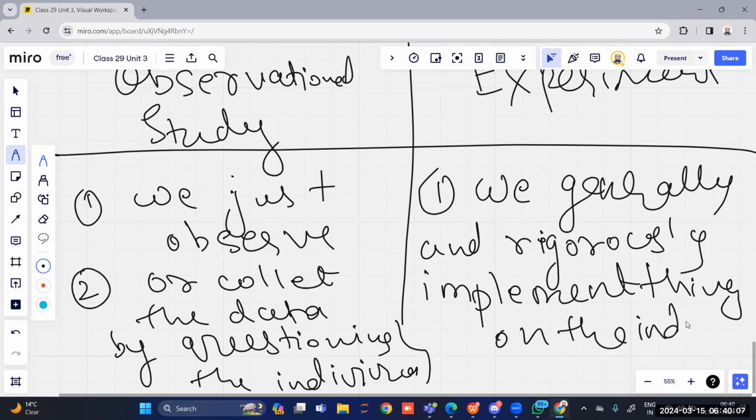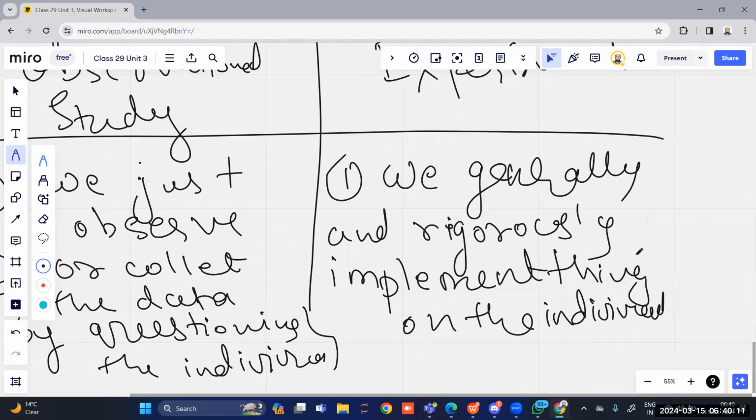So you may read an article that in Japan two groups of students were studied, an experiment was done on them: students who took a nap of 15 minutes and then learned something, and a second group who didn't take a nap and learned something, to see whose learning power was better. So this is an experiment.